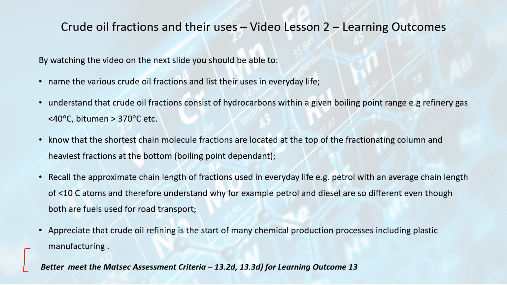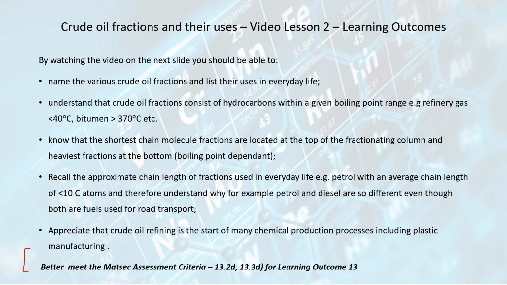And there is a very open, if you like, a very wide range of boiling points. The boiling points range from less than 40 degrees Celsius for the refinery gases. We call that the most volatile, the most easily evaporated gaseous fraction.